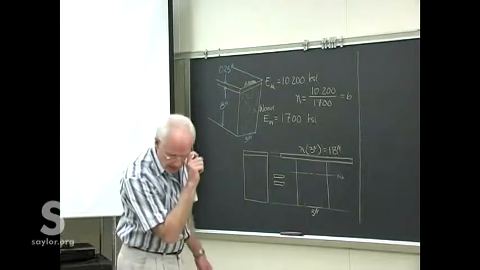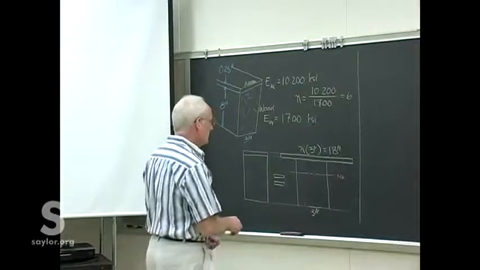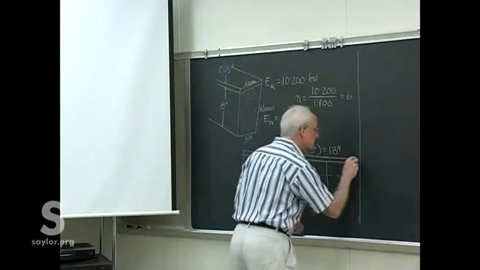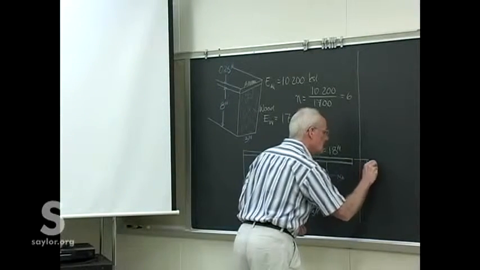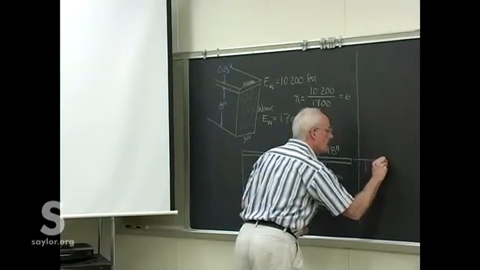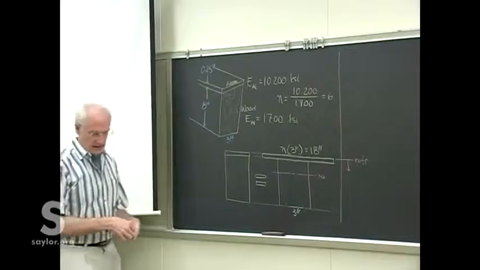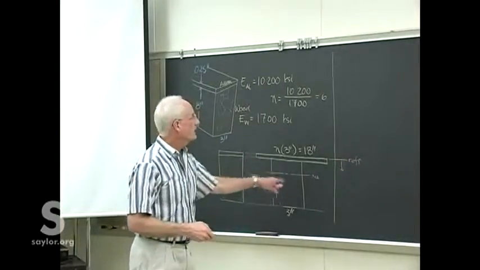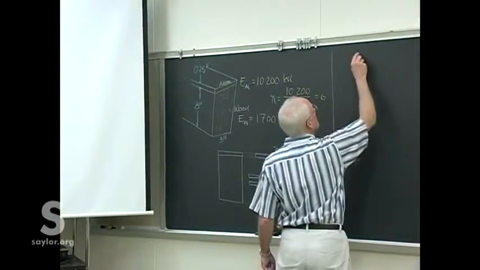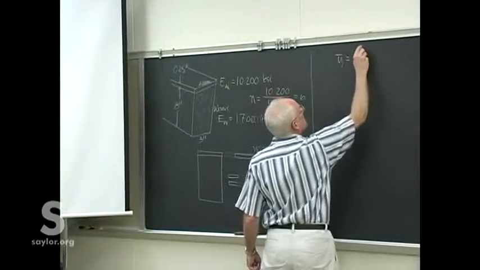All right, so we need to figure out where the neutral axis is. I'll again pick a reference line from the top from where I'll calculate everything. Now all the calculations are for this new cross section.